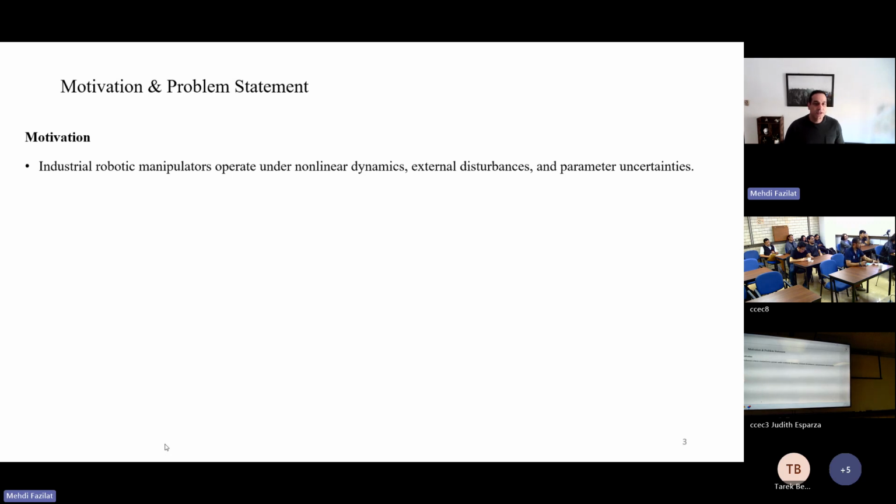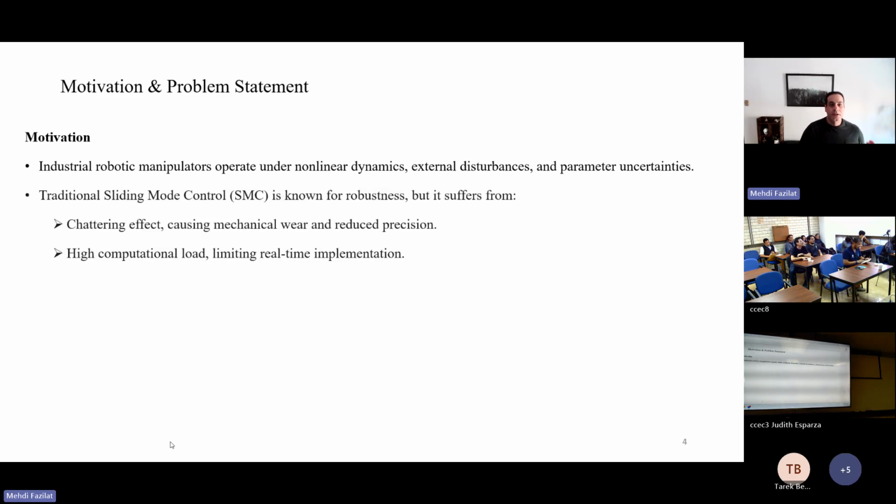So let's start with the motivation. Industrial robotics manipulators usually have to deal with nonlinear dynamics, external disturbances, and lots of parameter uncertainty. Traditional control algorithms, like sliding mode control, are great in terms of robustness, but still have a couple of big issues.